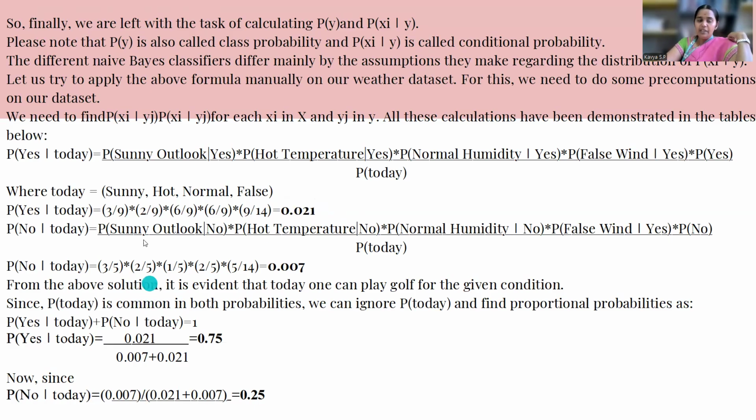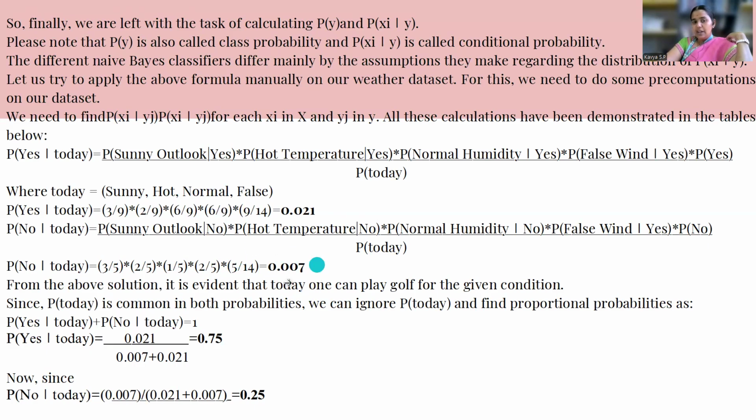Similarly, I'll identify the probability for no, right? So on a sunny day, not playing golf is 3 by 5. On a hot day, not playing golf is 2 by 5. On a normal humidity day, not playing golf is 1 by 5. And for a no windy day, the probability of not playing golf is 2 by 5. And the overall probability of no is, out of 14 days, 5 days I haven't played golf.